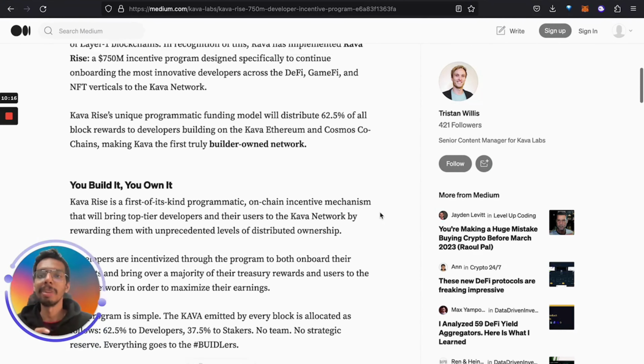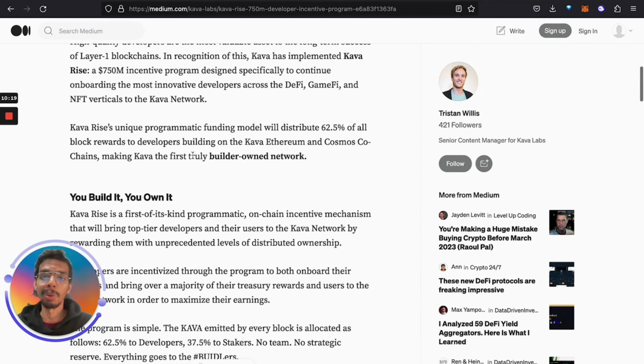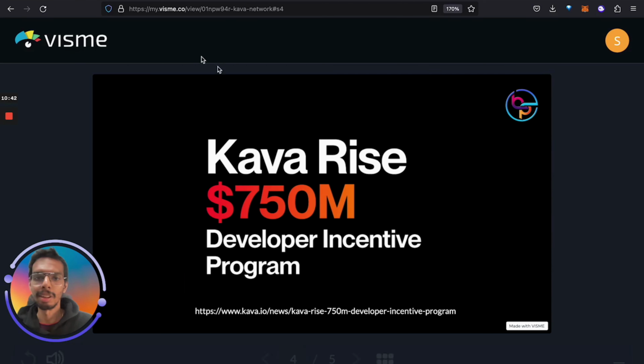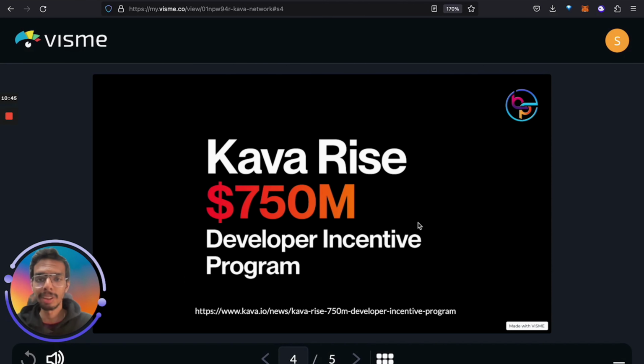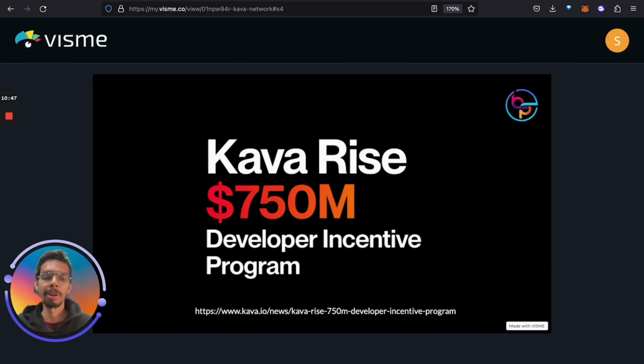And this makes Kava the first truly builder-owned network, which is really impressive, since development in this market is gonna change the ecosystem as a whole. So if Kava is totally dedicated towards building a builder-owned network, that is something that's gonna be really helpful, right? So there is a huge reason why you can start building on Kava.